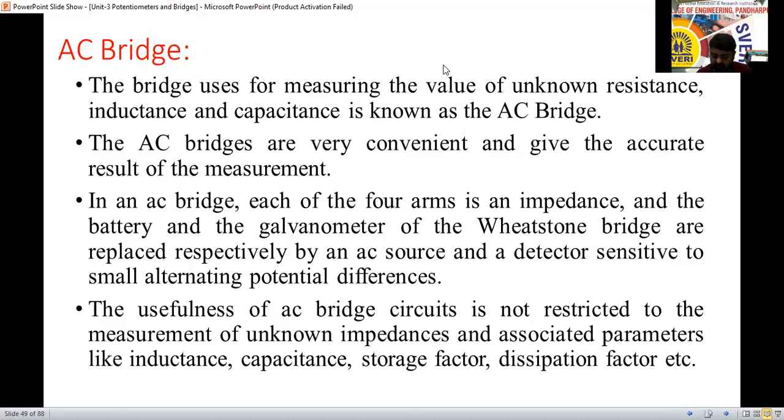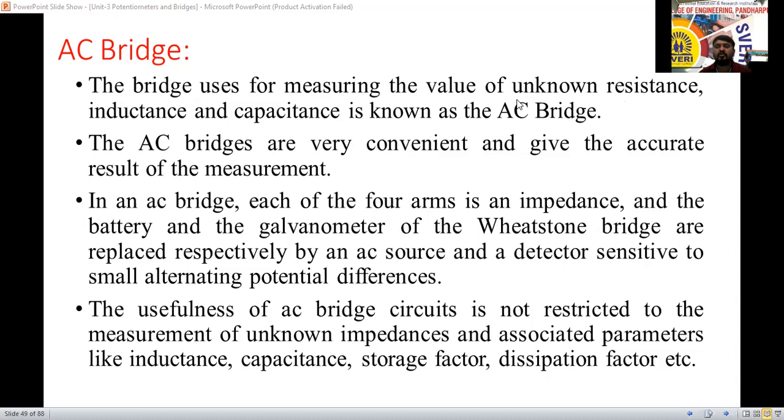The bridge used for measuring the value of unknown resistance, unknown inductance, unknown capacitance is known as AC bridges. By seeing this definition, can anyone tell me the DC bridge definition?